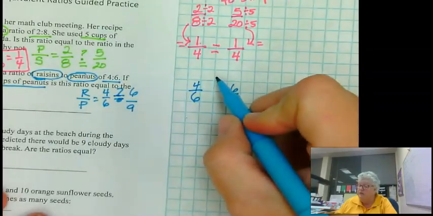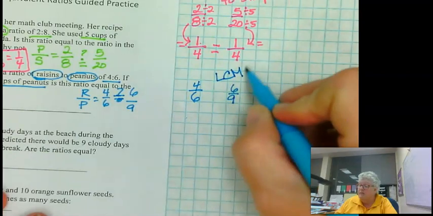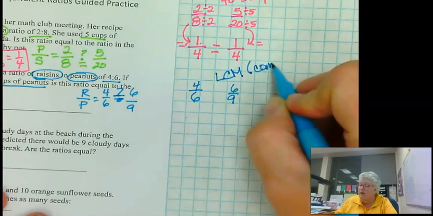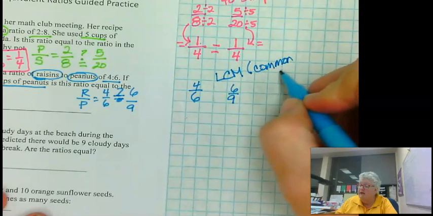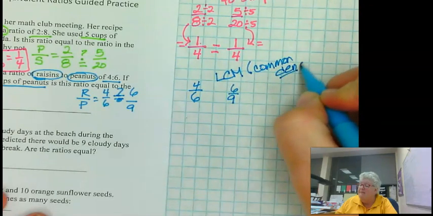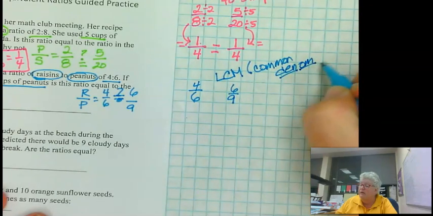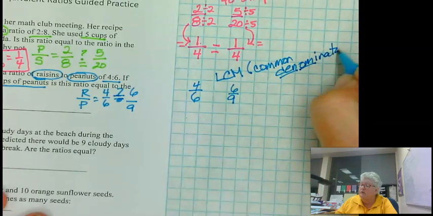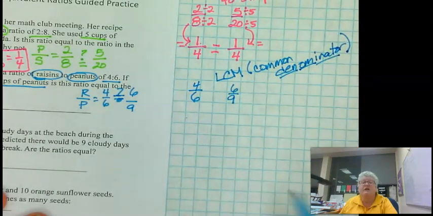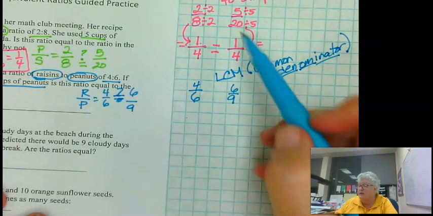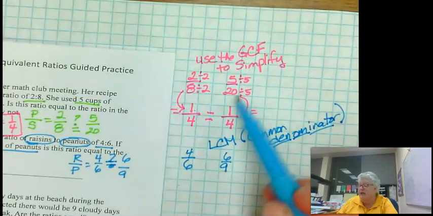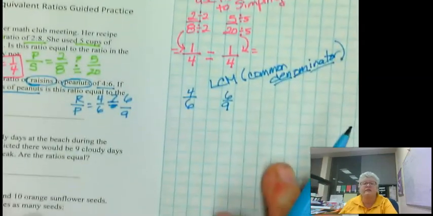I'm now going to use the LCM. Or you can also call it the common denominator. Right? Because we can't compare two fractions with different denominators. What we did up here was we found a simplified denominator that was the same.